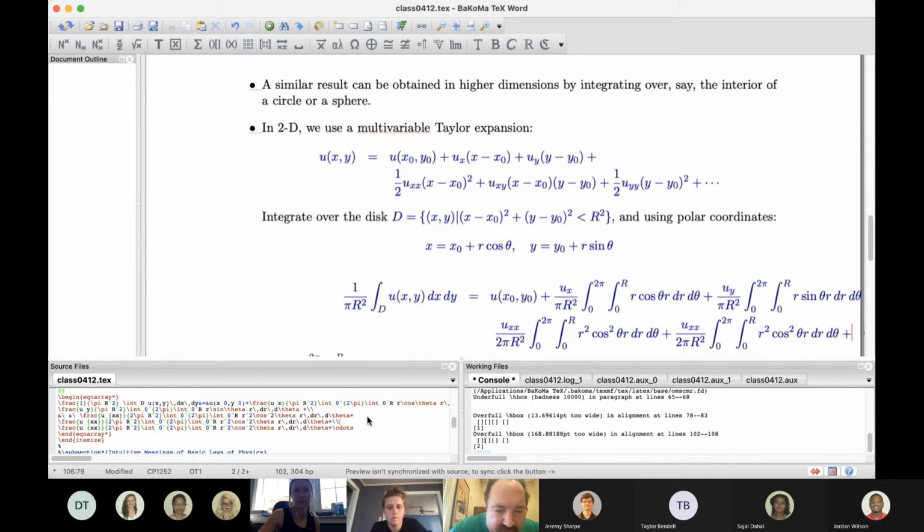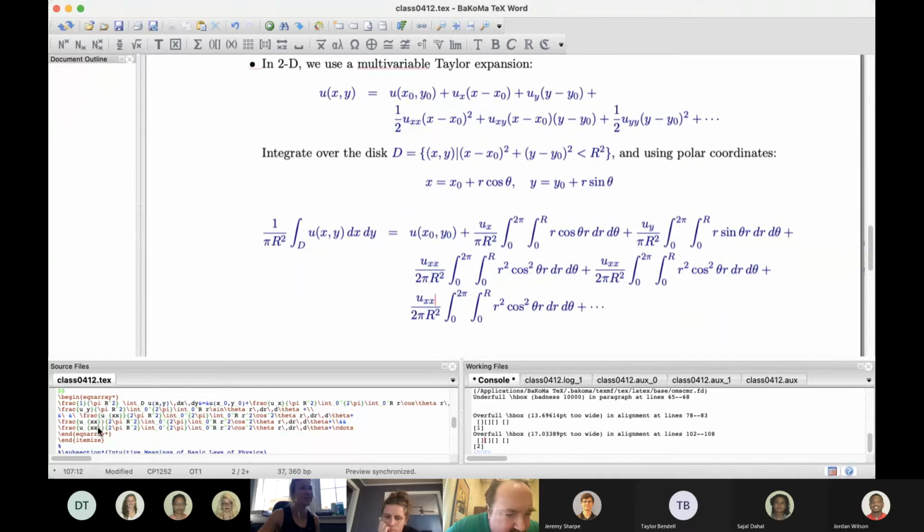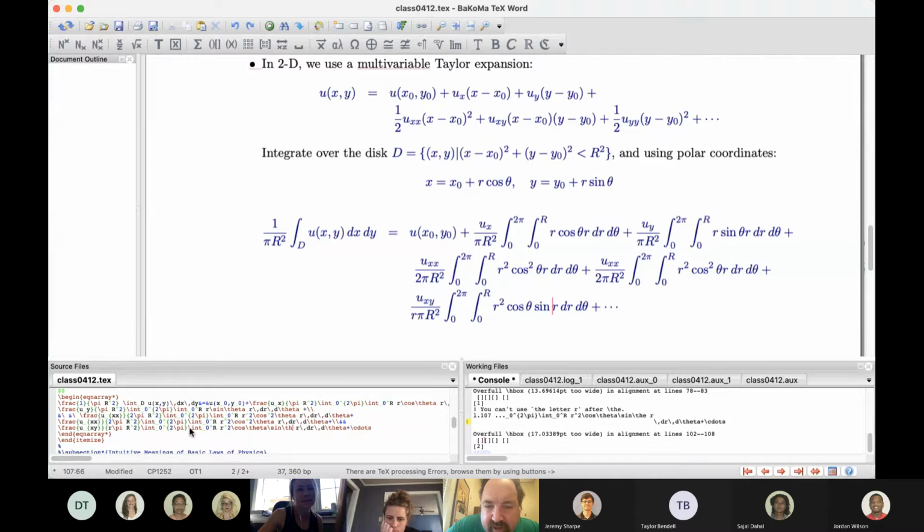Oh, that took up way too much room. Okay, uxy, no factor of 2. Here I have cosine theta times sine theta. Whoops, not that integral.